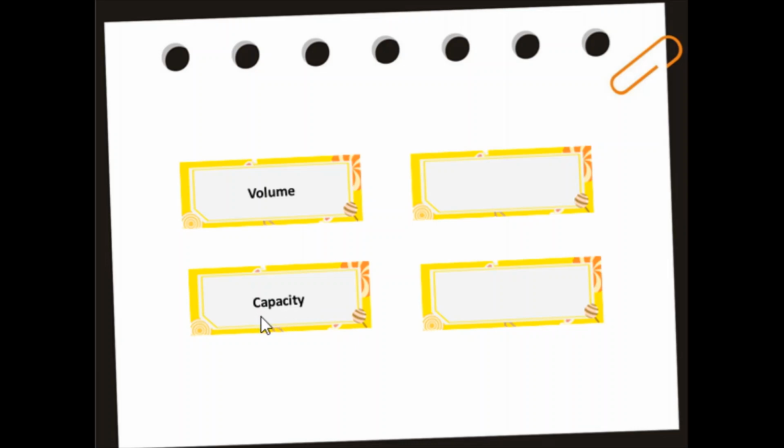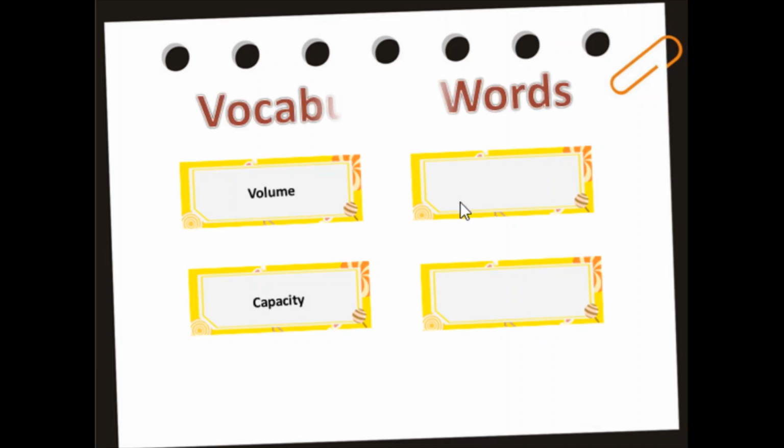Again, capacity. Good job. We also have water level. I'll repeat. Water level. Can you say it? Very good. And lastly, we have container. Container.